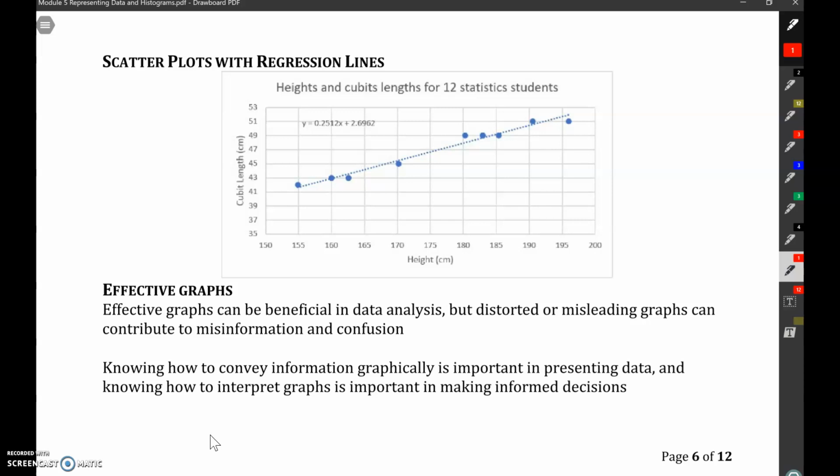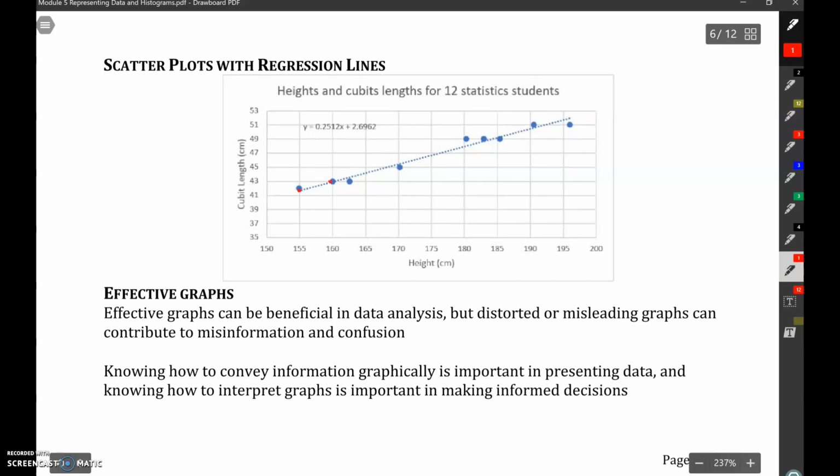Okay, so the final type of graph we want to look at too are scatter plots with regression lines. You've had a chance to make a scatter plot in Excel already, okay, and a common statistical analysis that's done is adding a line of best fit to a scatter plot. So on a scatter plot with regression line, we see the actual data points shown.